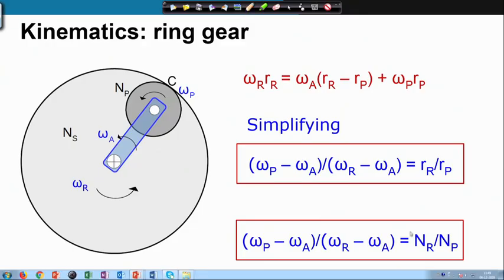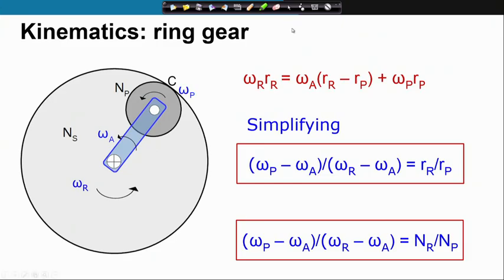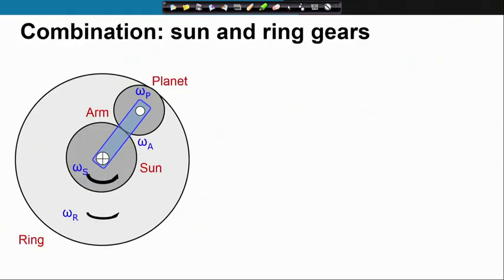Here you should notice that because the ring gear is an internal gear, the sign here is positive. This is unlike the relation we obtained when we had a sun gear. So, that completes the kinematics of the epicyclic gear train.